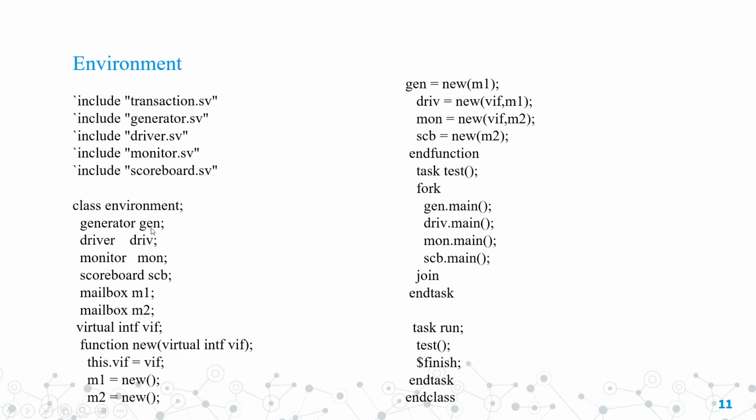First I have created the handle gen for generator, driv for driver, mon for monitor, and scb for scoreboard. And I am also declaring two mailboxes m1 and m2, one of which is generator to driver and the other is monitor to scoreboard.